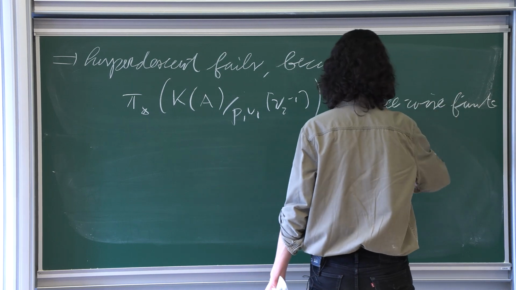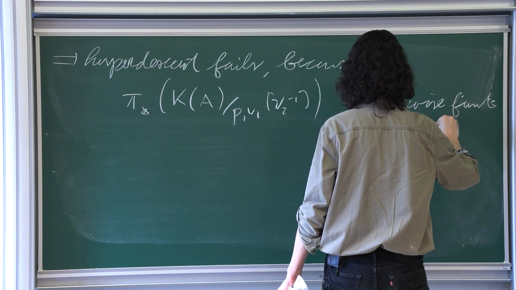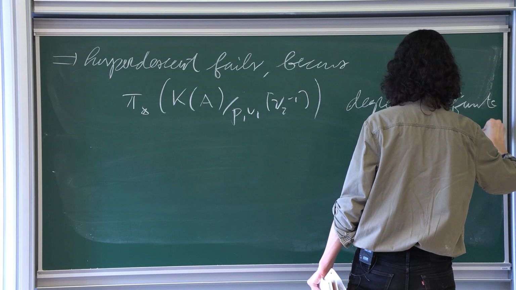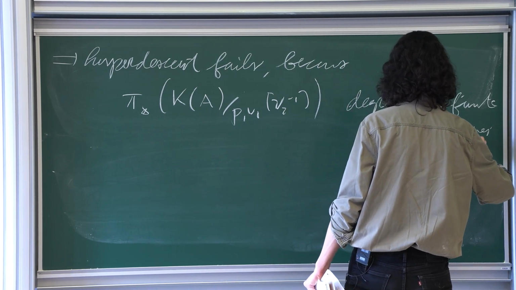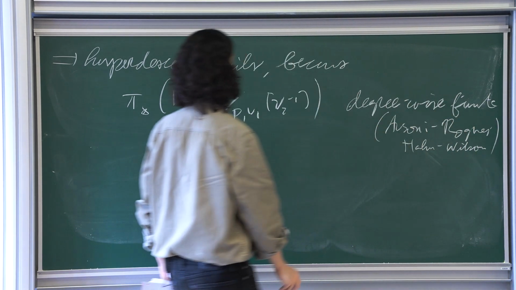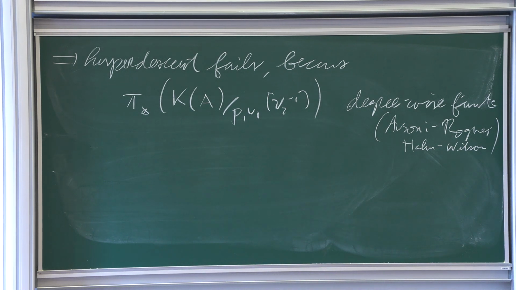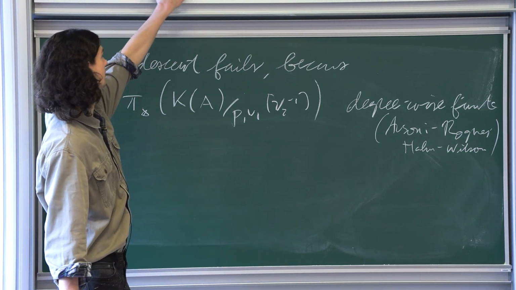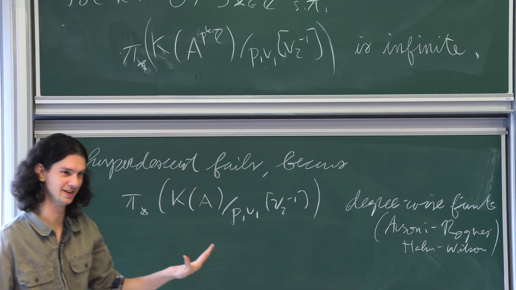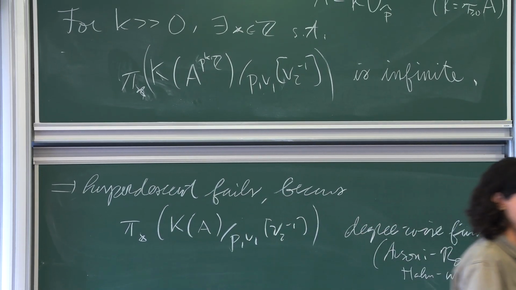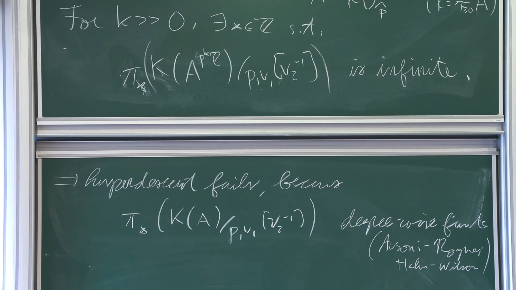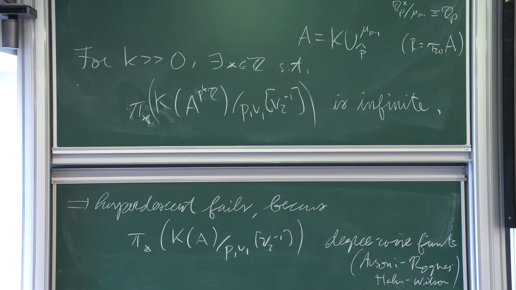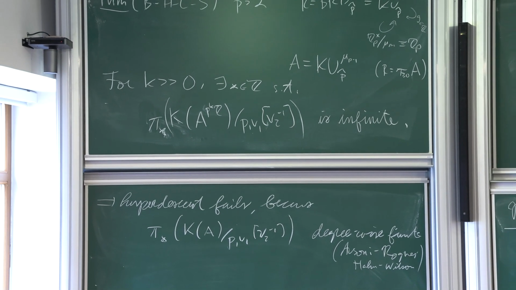That was the Ausoni-Rognes, Hahn-Wilson, maybe at smaller primes. So at the top of the tower, you get something with finite homotopy. Near the bottom of the tower, at some finite stage in the tower, you get something with infinite homotopy. So you can't be a hypersheaf, because for a hypersheaf on Zp, each stage of the tower sits in a fiber sequence with 2 copies of the thing at the top of the tower.